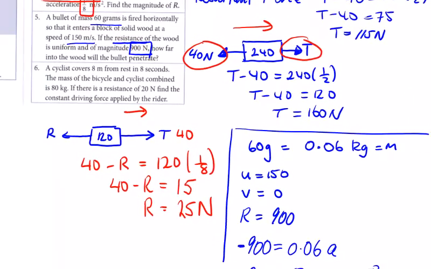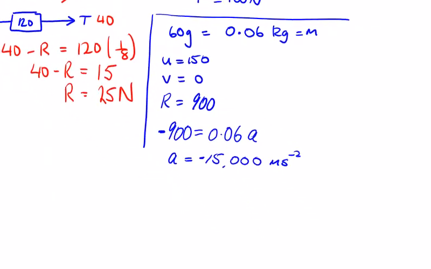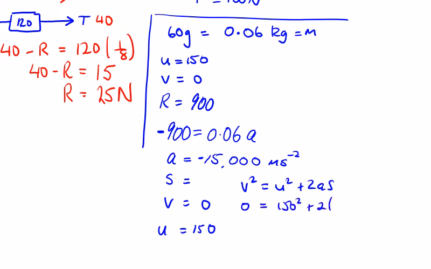We're also asked how far into the wood the bullet will penetrate. So we're looking for distance. We know the final velocity is 0, and we know its speed is equal to 150. So we can use v squared is equal to u squared plus 2as to get the distance here. 0 is equal to 150 squared plus twice minus 15,000 by s.